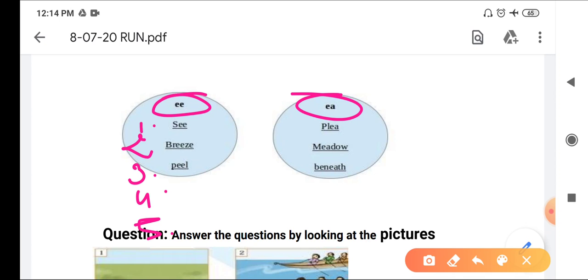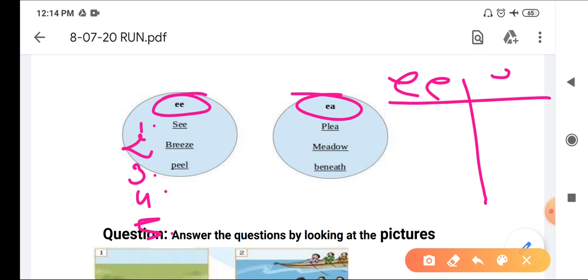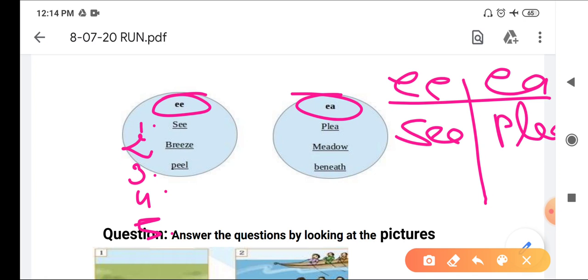At least 10 words you will write here, and there is no need to make a circle, you can just draw like this. You can write like this, meaning double E and E A. You can write here see, and you can write here plea, and you can write here peel, you can write here real, and like this you will write.